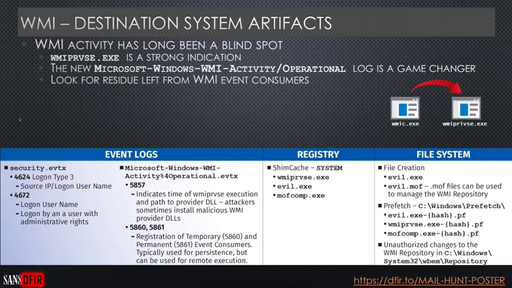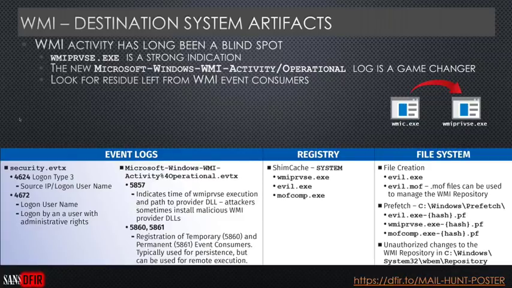The other events in there that we highlighted, 5860 and 5861, are the temporary and the permanent event consumers. Attackers can use WMI in a couple of different ways. We've been talking about launching processes on the remote system, but they can also set up persistence mechanisms.